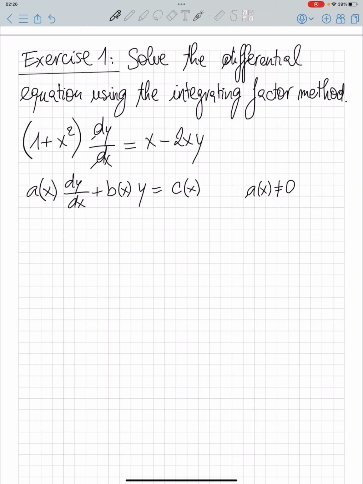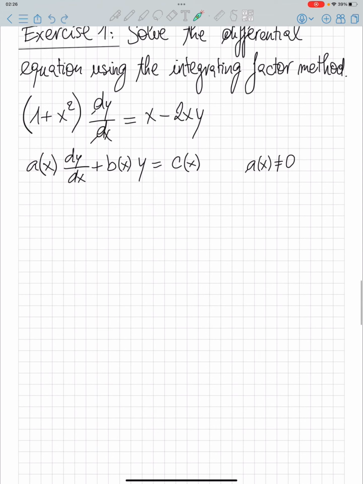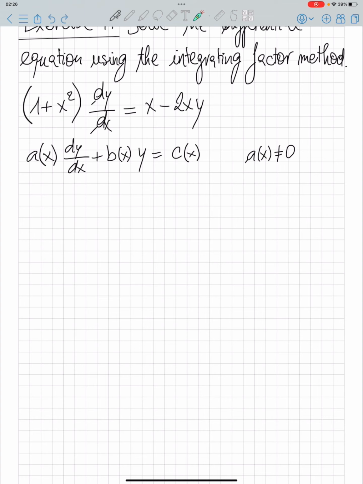So if we have a differential equation of this form, what we want to do is to isolate this dy dx. So we want to make sure that the coefficient of dy dx is going to be equal to 1, right? So we divide both sides by this a of x.